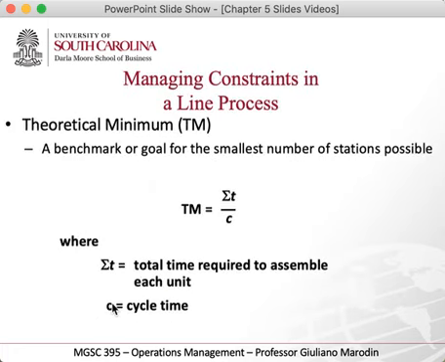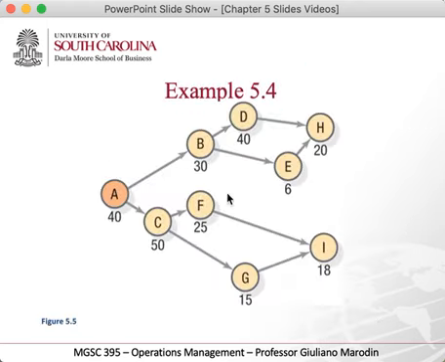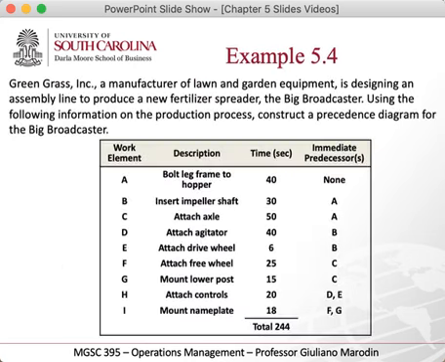Now I'm going to calculate the number of workstations, and to do that I need to find what we call the theoretical minimum. The theoretical minimum is the minimum number of workstations that I can have to actually supply at the pace of the cycle time. The way to do that is to sum the total time that it takes to do one. If I have one person doing the job, it will take 244 seconds, right?